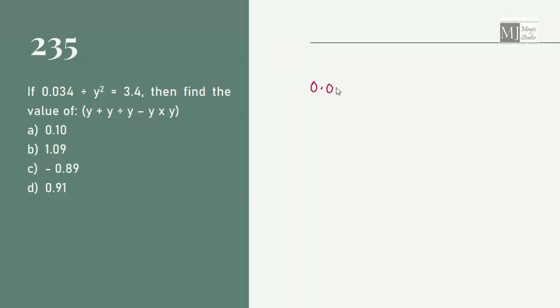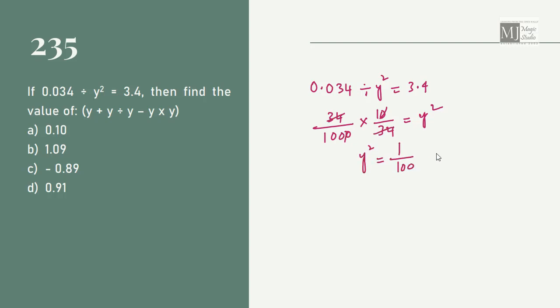If 0.034 divided by y square is equal to 3.4, that means 34 divided by 1000. Now we have into 10 by 34 equals y square, isn't it? So y square is 1 by 100, or y is 1 by 10. We need to find the value of y plus y divided by y minus y into y.